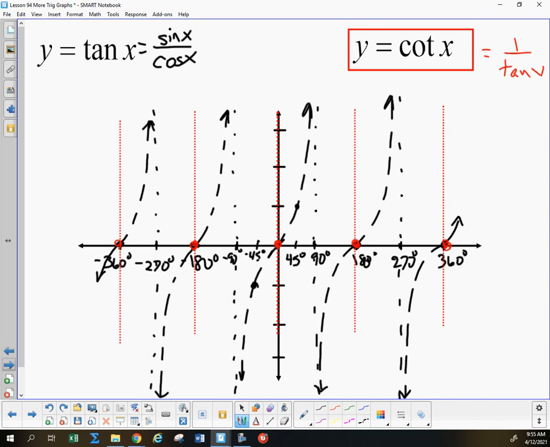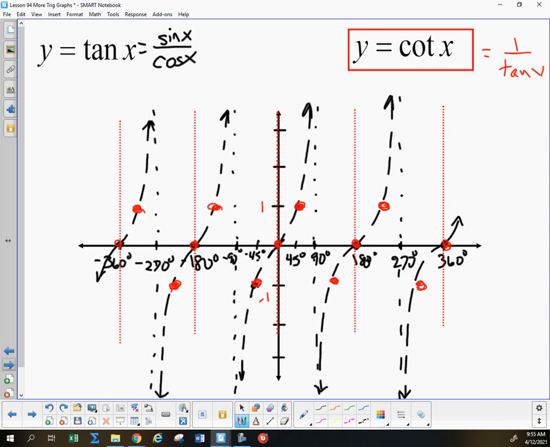Oh, I need to keep my 1s and my negative 1s, so if this is 1, and this is negative 1, this point, and this point, and this one, and so on.